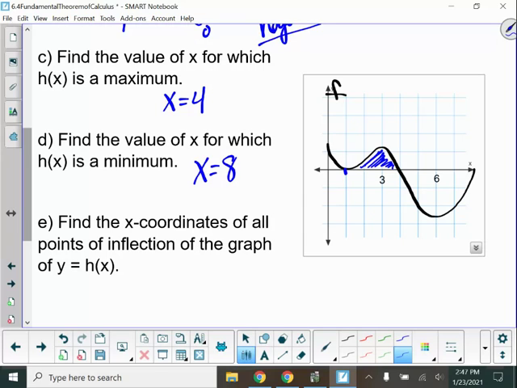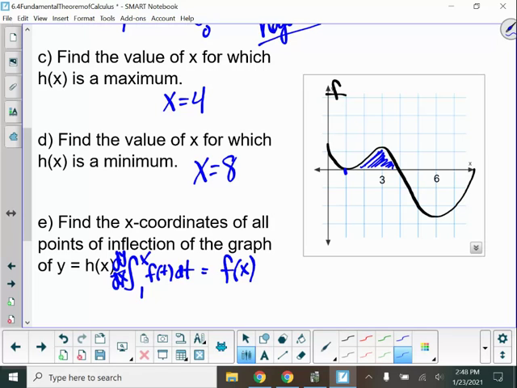And then part E, find the x-coordinates of all points of inflection of the graph of y equals h of x. So if you recall, that is the integral from 1 to x of f of t dt. If I take the derivative of this, dy dx, I'm just going to get f of x.